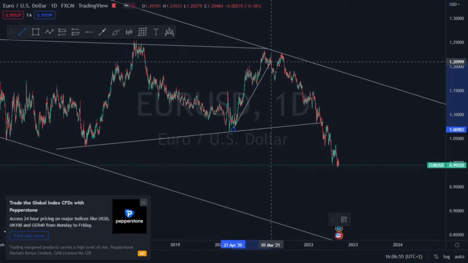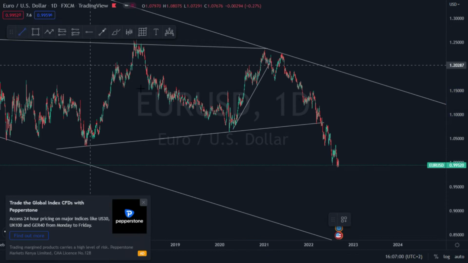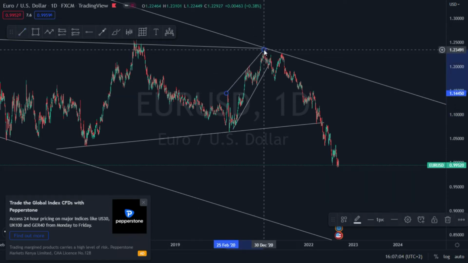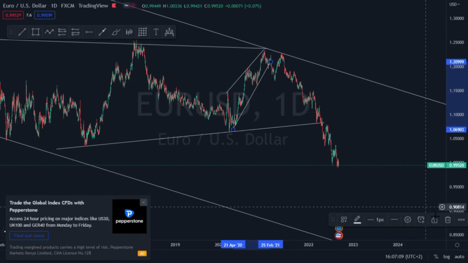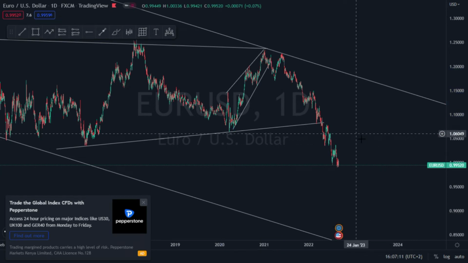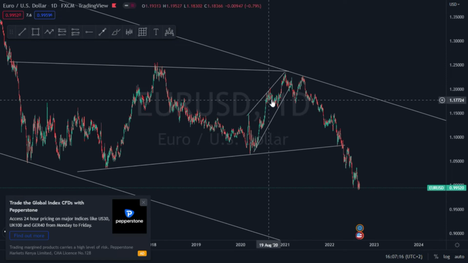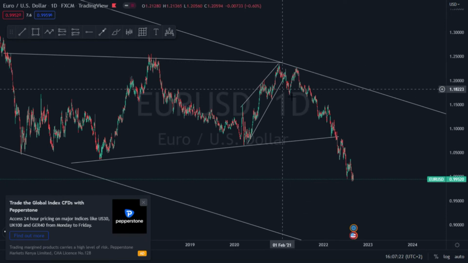We also had that structure which has already been broken. We had that structure which was our continuation pattern to the downside. So this was a pattern within a pattern, because this pattern was also inside of another pattern. So there were multiple confirmations to go about entering this market right here. I wish I saw that, but I didn't see it.